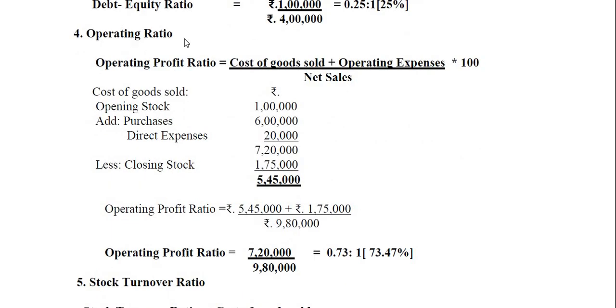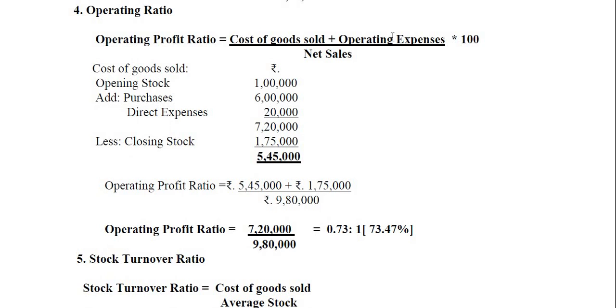And then operating ratio, it is not operating profit ratio, operating ratio. Operating ratio is equal to cost of goods sold plus operating expenses divided by net sales into 100. So what is cost of goods sold? I already told you. Opening stock, add purchases, add direct expenses, then minus closing stock, you will get cost of goods sold.